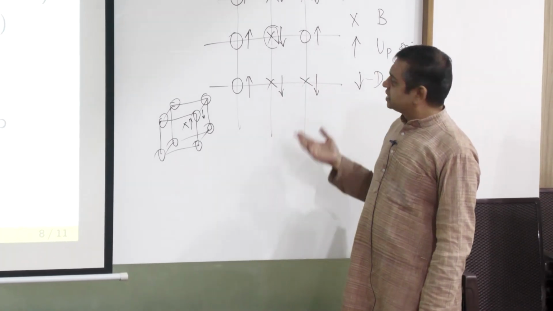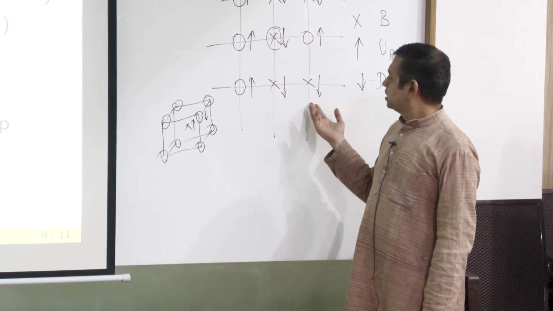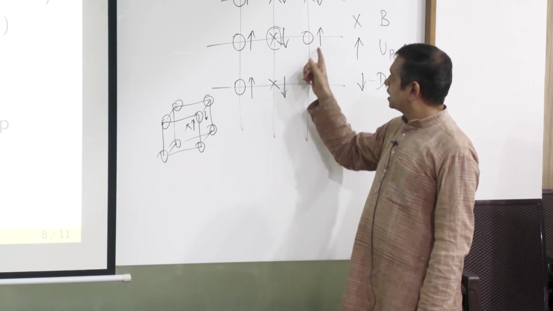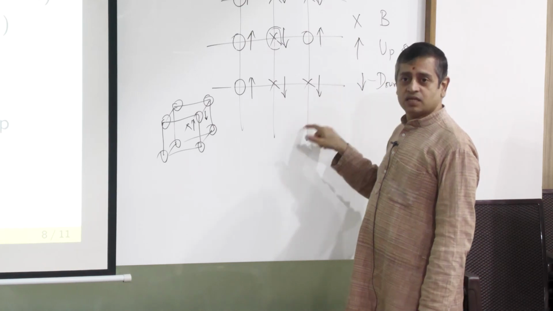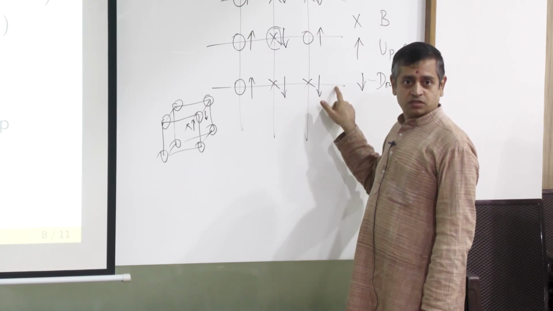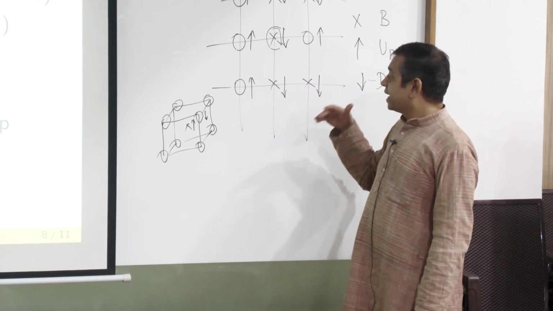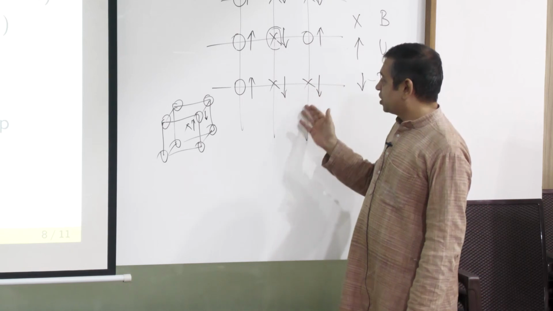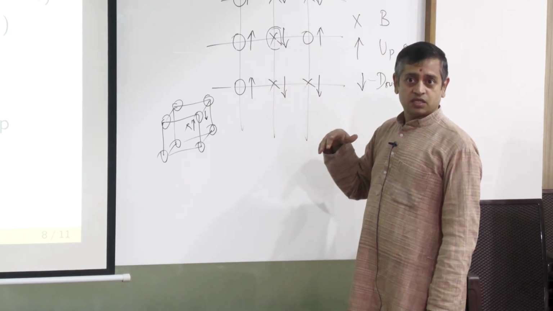In global dynamics it does not matter, I am going to just switch its spin, but I will still have a problem with respect to energy because it has only 2 nearest neighbors. The other 2 are broken bonds, that is what gives rise to surface energy. So, the energy considerations will be different, and if it is Kawasaki, I cannot exchange anyway, I can only exchange with these 2, which is also a problem.